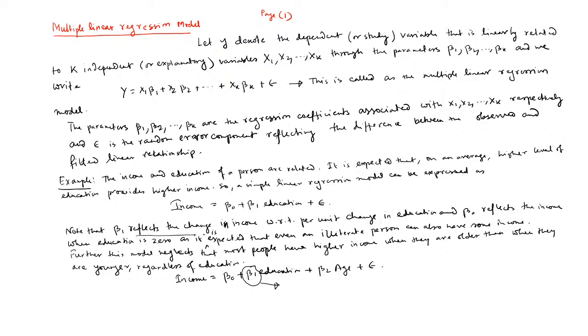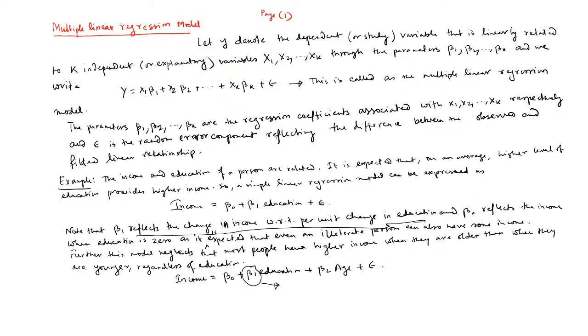Just write this: beta 1 is interpreted as the change in income with respect to per unit change in education when age is kept fixed.